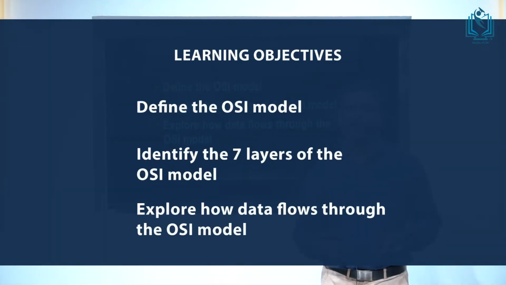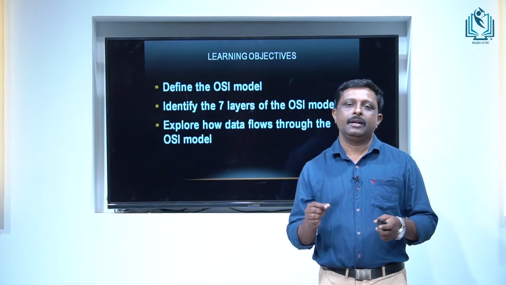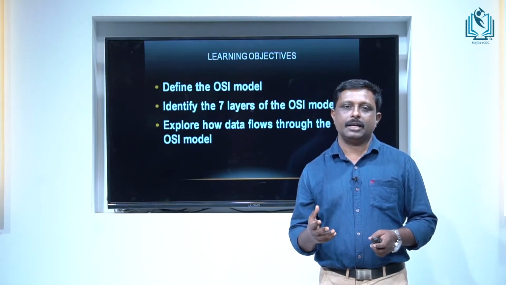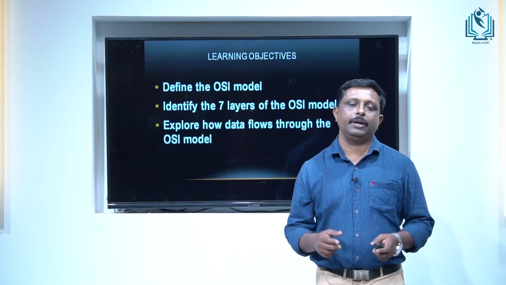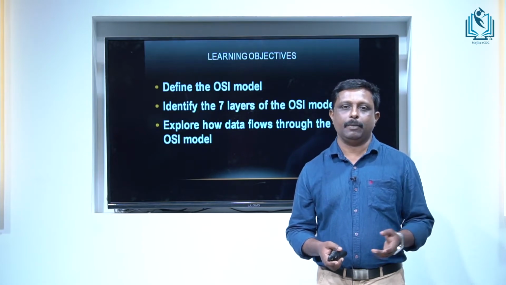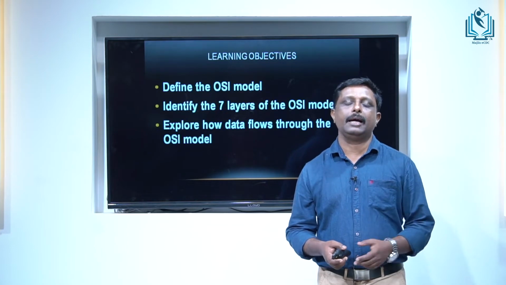Actually, what is a model? Everybody knows that in order to communicate, devices need the help of software, that is, communication software. In order to develop this communication software, you need a model. Two different models are used to develop this communication software: one is the ISO OSI model and the other is the TCP/IP model. The most popular model is the TCP/IP model.